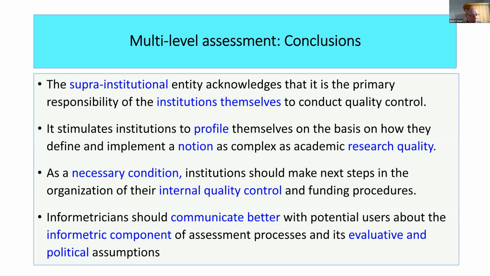My proposal is a coin, and the coin has two sides. On the one hand, it wants to give more freedom to institutions, but on the other hand, it demands that institutions develop a serious, well-organized system of quality control and funding. And this is not realized in all institutions.